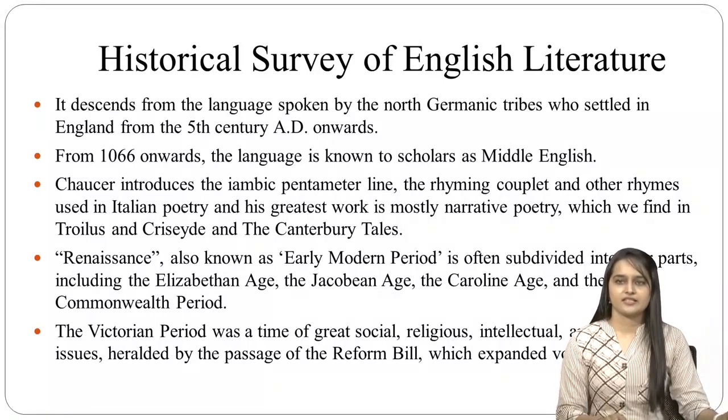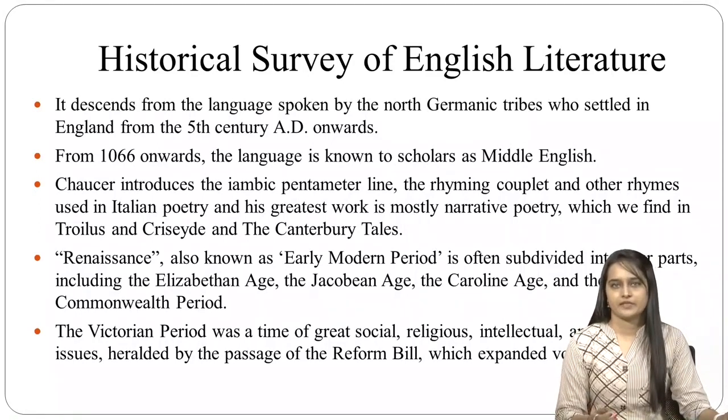Chaucer introduces the iambic pentameter line, the rhyming couplet, and other rhymes used in Italian poetry, and his greatest work is mostly narrative poetry, which we find in Troilus and Cressida and the Canterbury Tales.